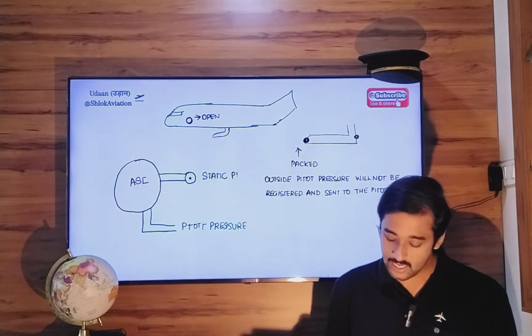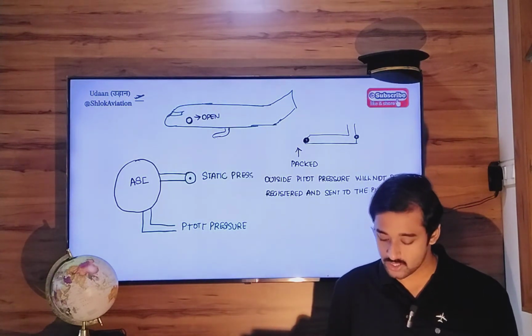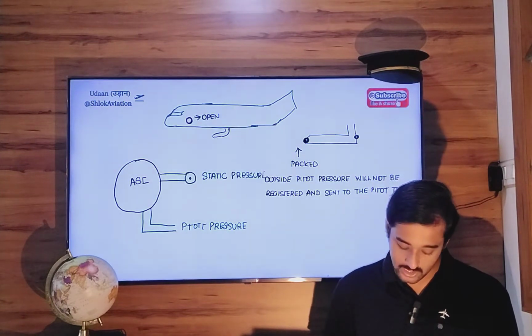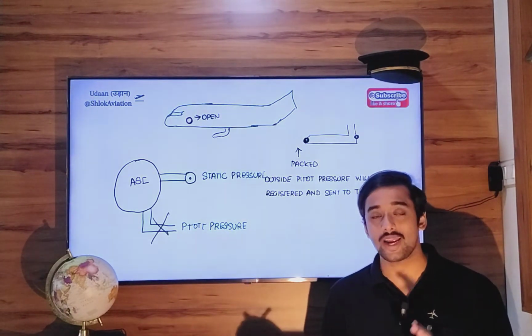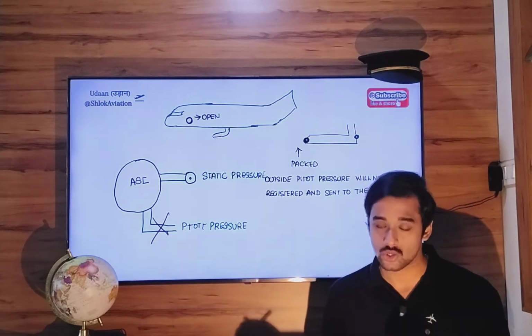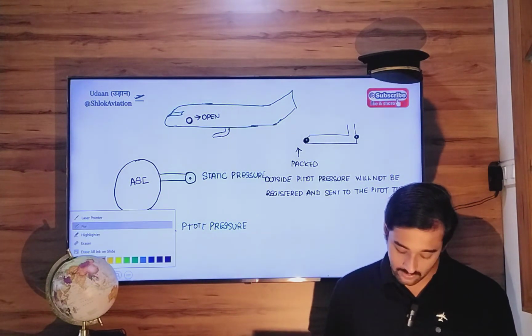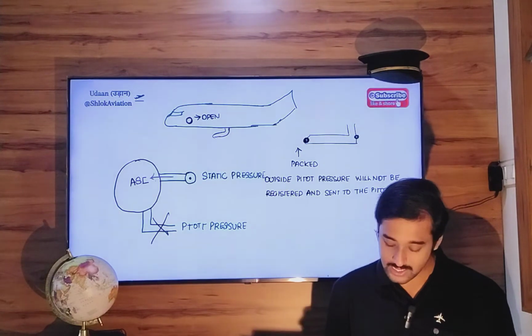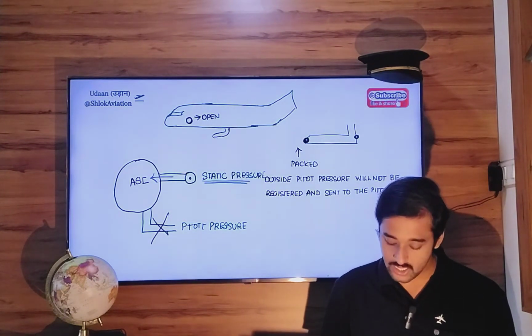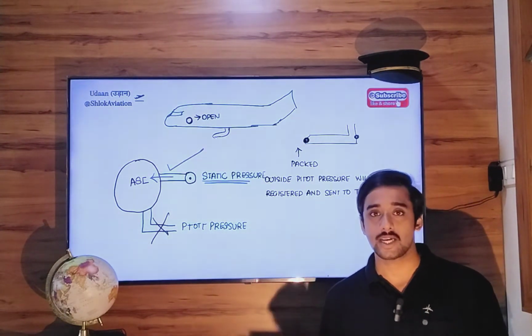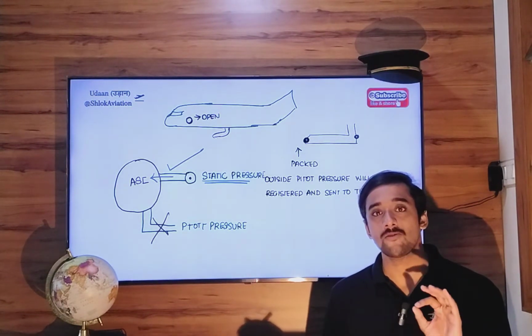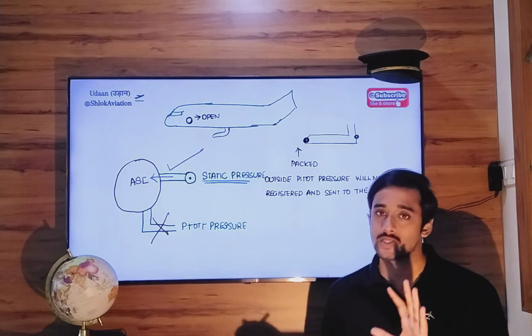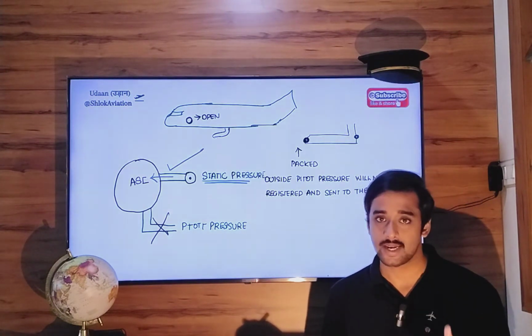Your airspeed indicator works on both these pressures, right? So if the pitot tube is blocked, that means pitot pressure won't enter the airspeed indicator instrument. The only pressure that will enter it is your static pressure. That means indirectly the airspeed indicator will work only on the basis of changes in static pressure.